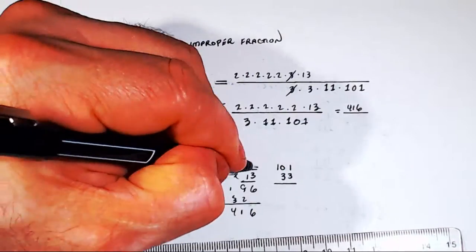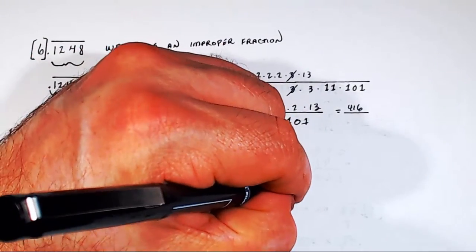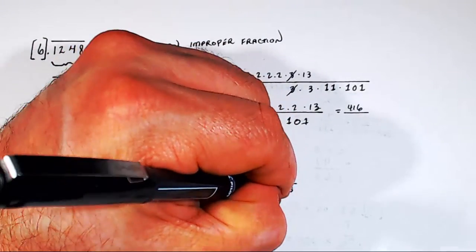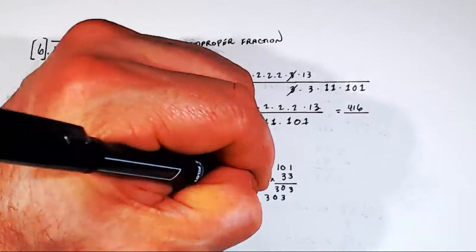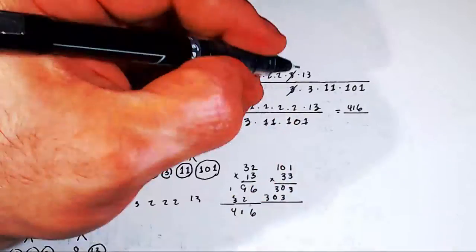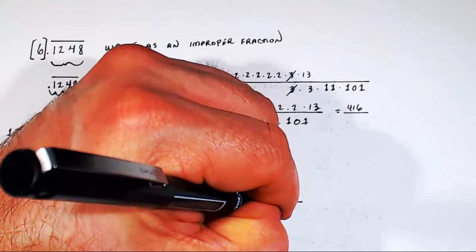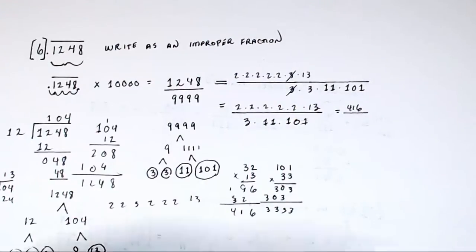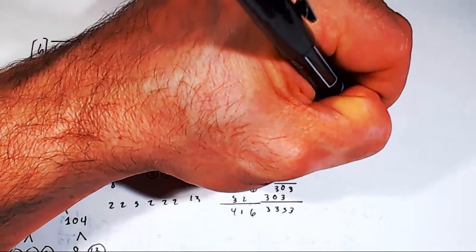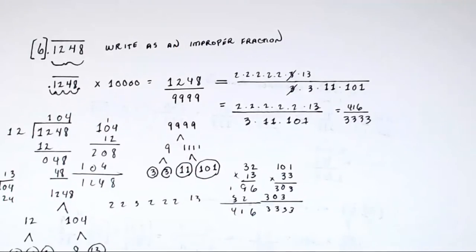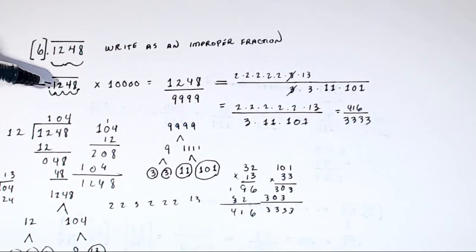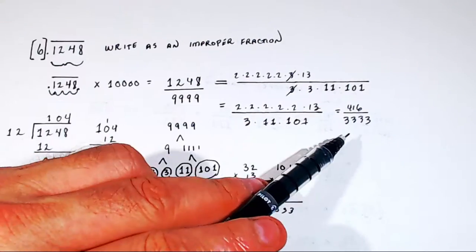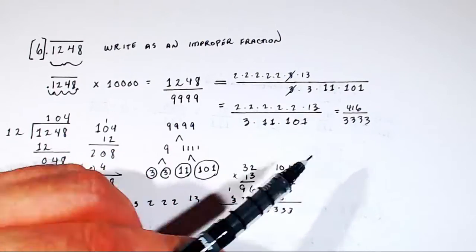So we'll multiply this out, which just gives 3,333. So there is your fraction for 0.1248 repeating. That is the fraction in the most reduced form.